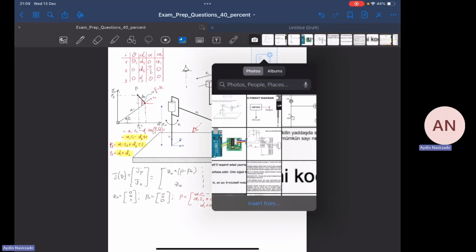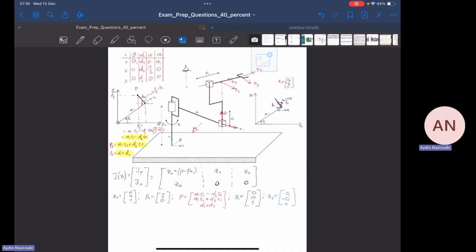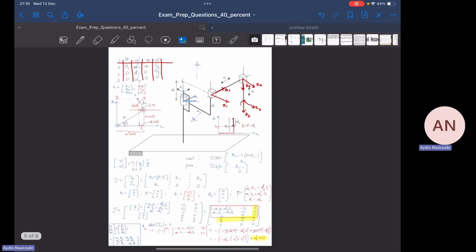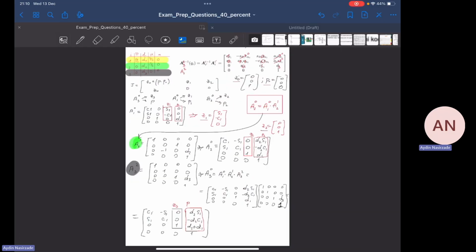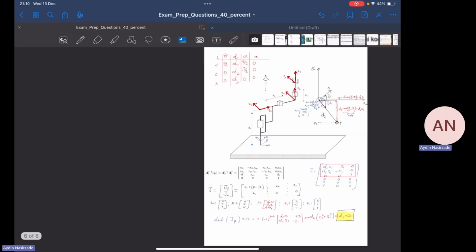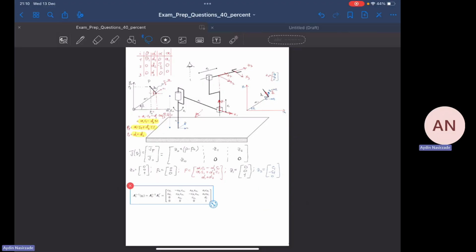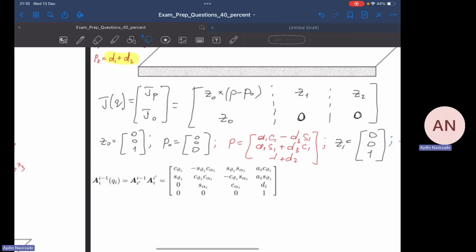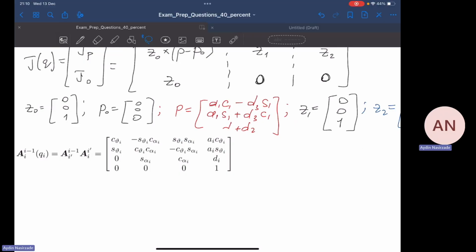Where is my matrix? Oh my goodness. Okay, fine. Let me find it. Okay, I guess this is the one. Copy it. Okay. The second method, which is matrix computation, requires this matrix formula.